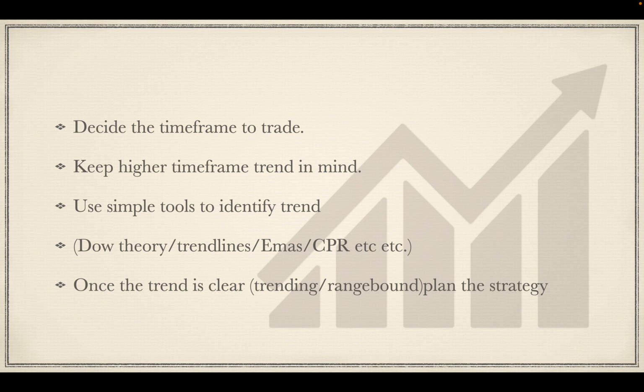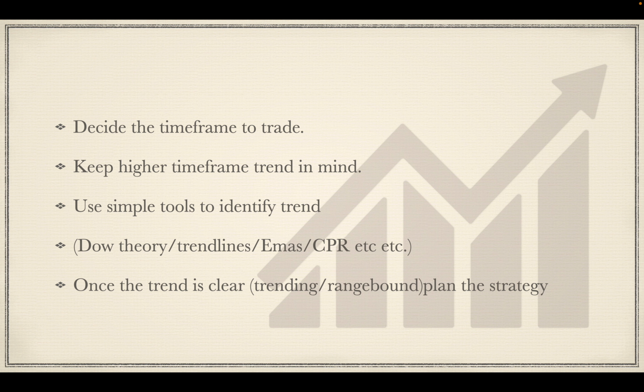You can use simple tools to identify trend. Simple tools like Dow theory, simply higher high, higher low, lower high, lower low to determine whether it is an uptrend or downtrend. Simple trend lines can be useful, or some may be comfortable with the EMAs. So there are some short term EMAs or long term EMAs. You can use those EMAs to identify the trend.